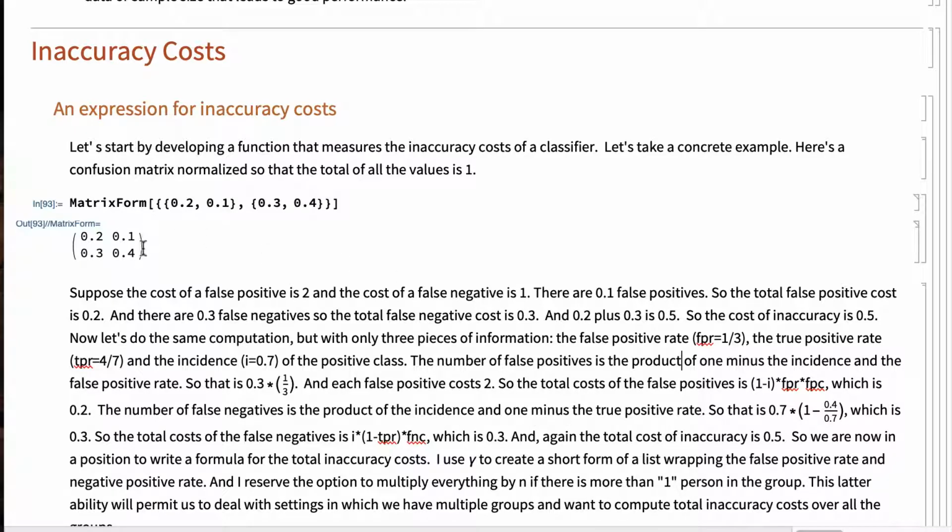We're given the true positive rate, 4/7, but what we need to find out is the false negative rate. That's basically 1 minus the true positive rate.